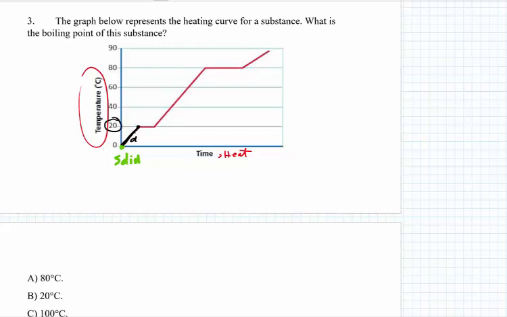Then you need to overcome the potential energy, which is the attraction forces between the atoms or the molecules of this solid. During the second part, part B, there is no increase in kinetic energy, there is no increase in temperature, but you give the energy to overcome this potential energy, and during this period the solid changes into liquid.